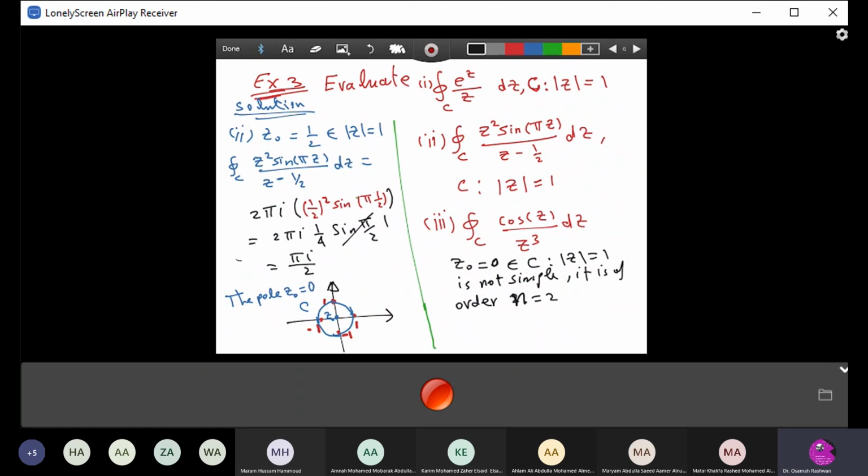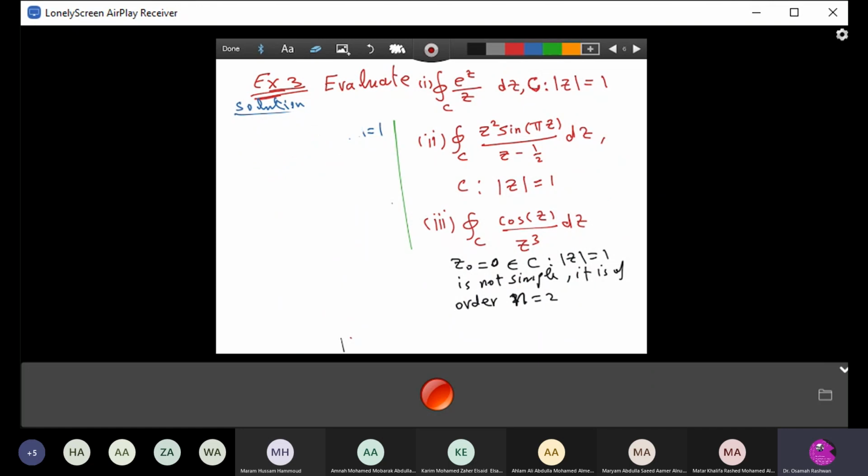So number 3, I know the integration of cosine Z over Z cubed dz equals what?